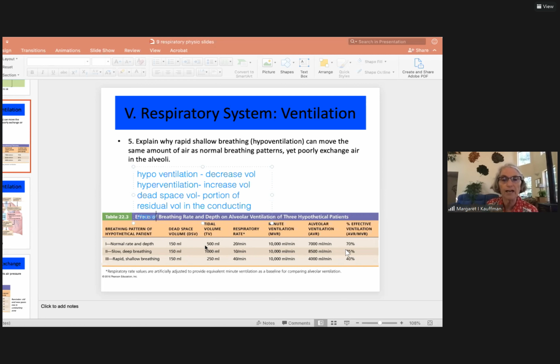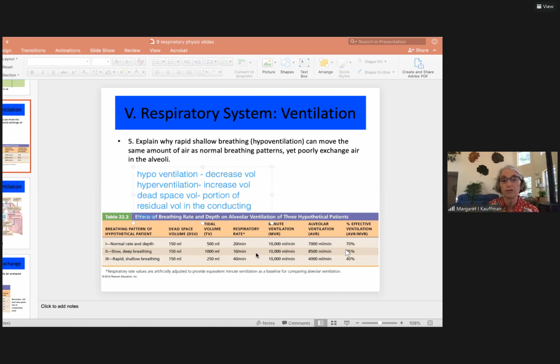So in fact, for each breath, instead of 500 mLs reaching their alveoli, only 350 of those reach the alveoli, and 150 stay in the dead space.